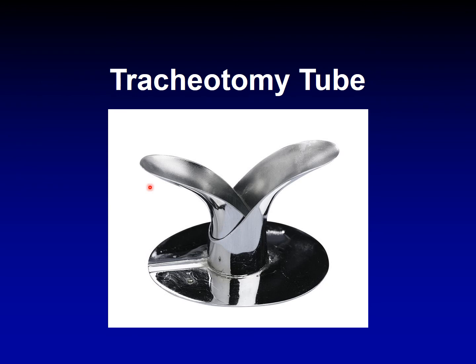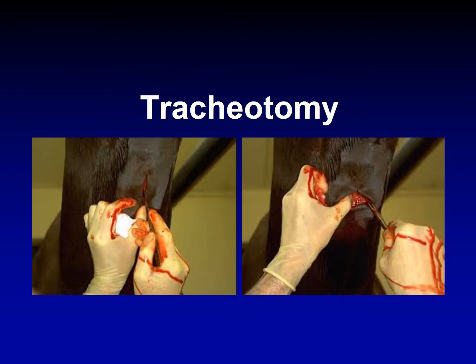This is the tracheotomy tube. It has two parts. One is movable, the other one continues to be stable. You insert one side in the trachea and then you twist it. Once you twist it, it stabilizes the other one in the trachea. This is how it's done.